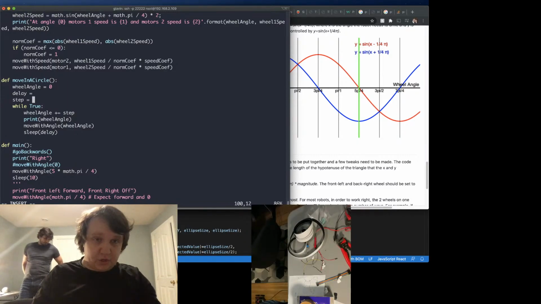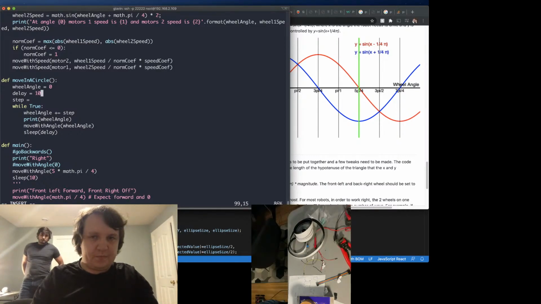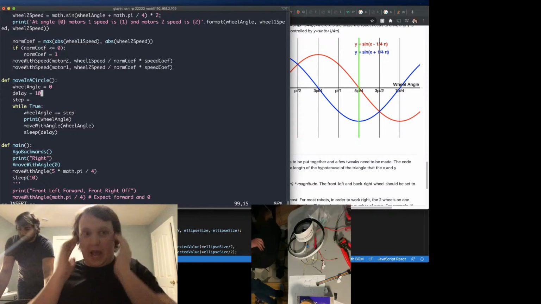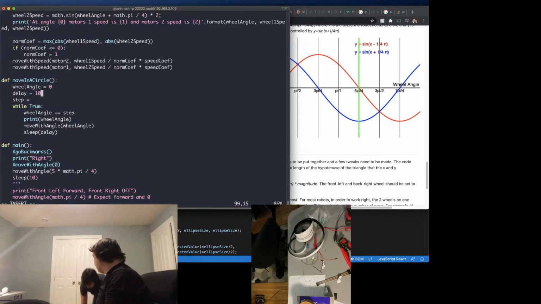So if we want to do it quickly, delay, let's say we had a circle. Okay, let's think of it this way. If we had a circle, how quickly would we want it to circle around? And how many segments do we want? So 1 Mississippi, 2 Mississippi, 1 Mississippi, 2 Mississippi.